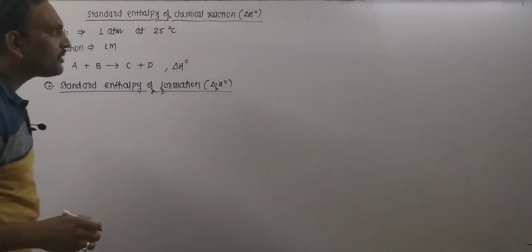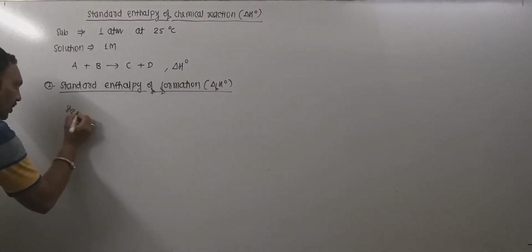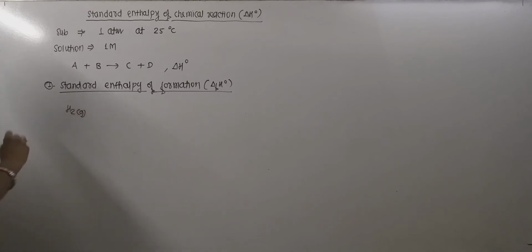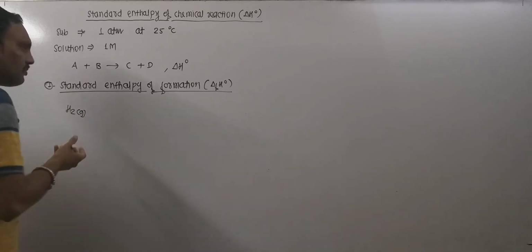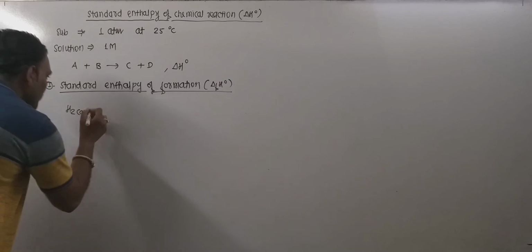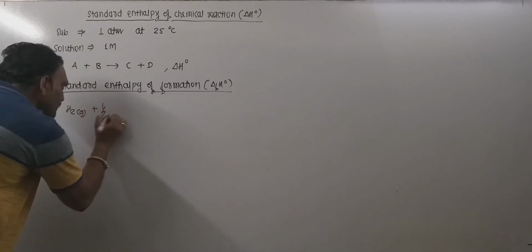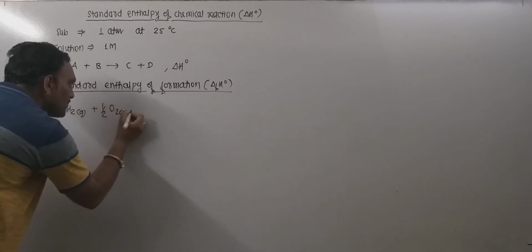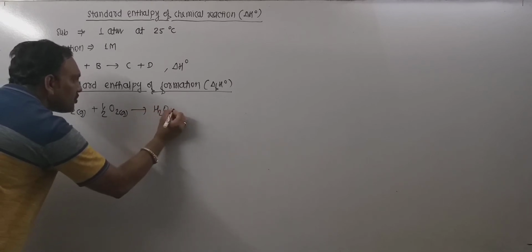For example, consider formation of liquid water. H2 gas, hydrogen is a gas at room temperature, so that is its standard state, plus half of O2 gas gives H2O liquid.